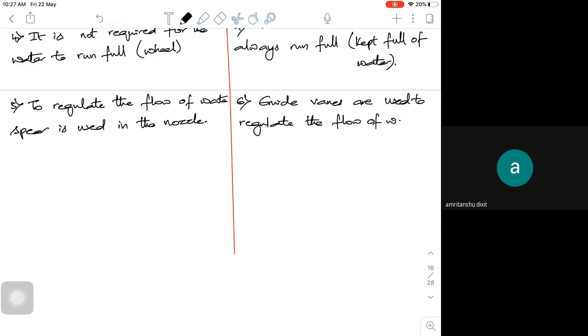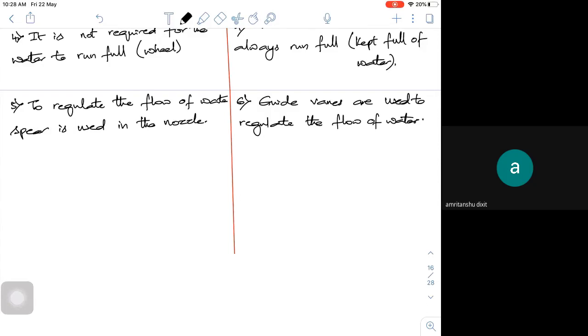So what are these guide vanes? These guide vanes are fixed vanes actually, and I can have different percentages of opening. So this particular regulation will clearly tell that if it is 30% open, 50% open, the quantity of flowing water can be regulated using a guide vane. This can be one set of guide vanes, or you can have two sets of guide vanes.